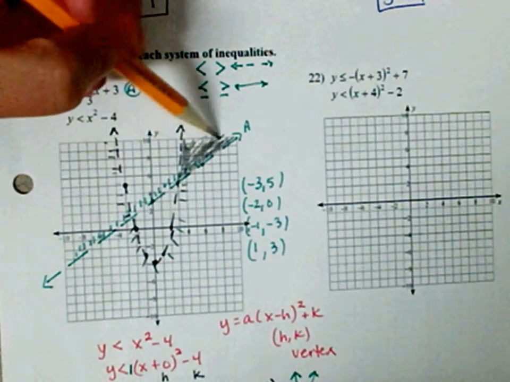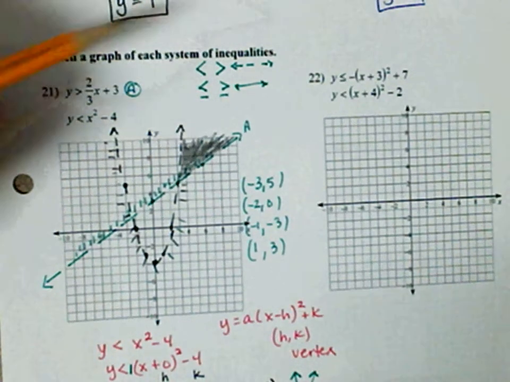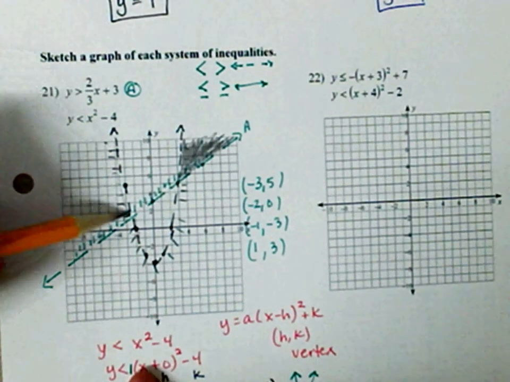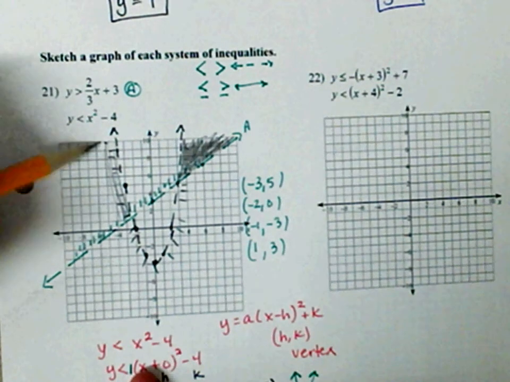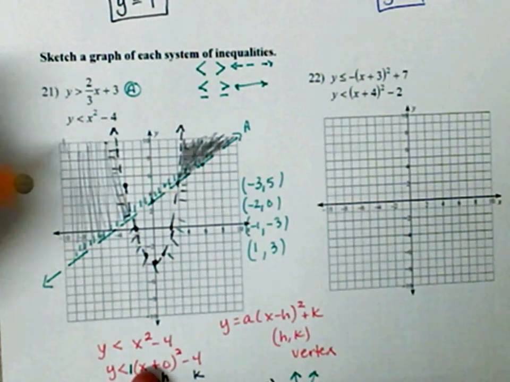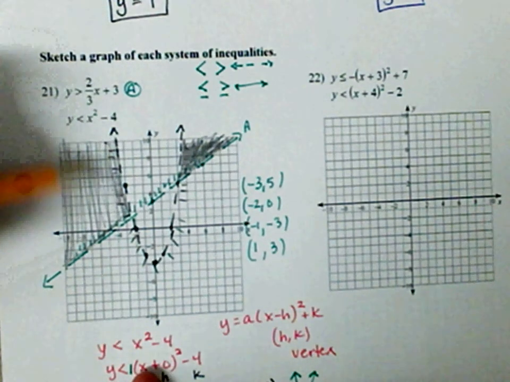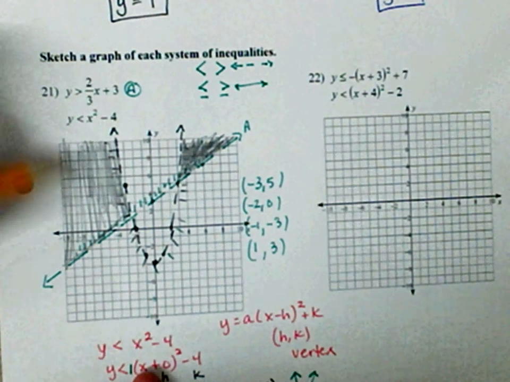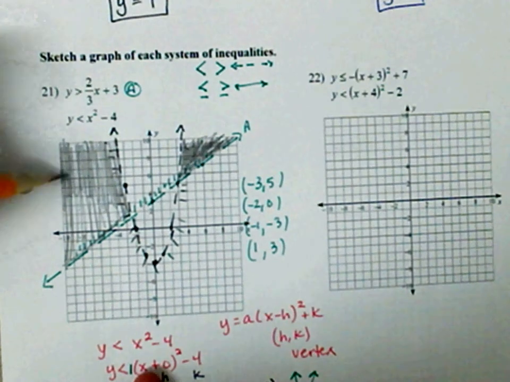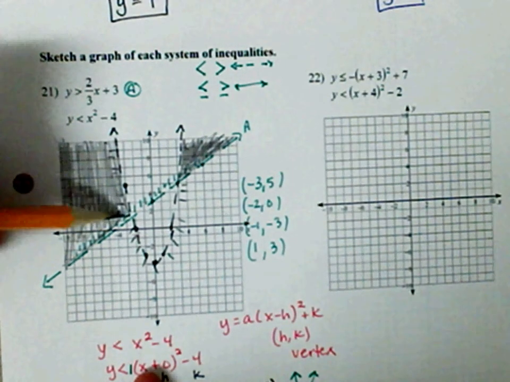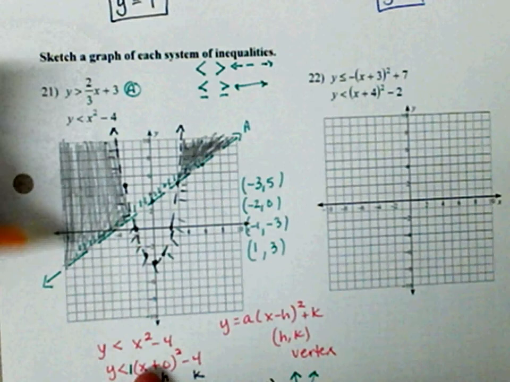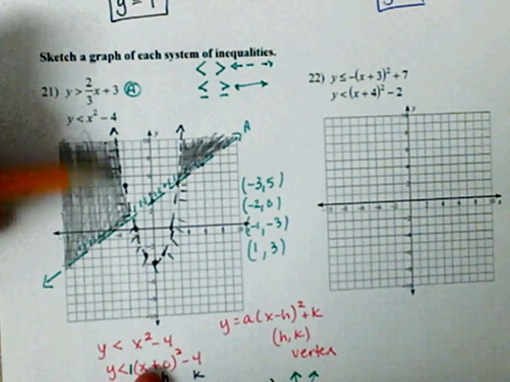Okay? And then the other one is over here. I like to do mine with a highlighter, but at the moment I don't have it with me. So this is where they're overlapping, and that tells me the solution for both of those inequalities is within these boundaries. Okay, so there you have it, just like that.